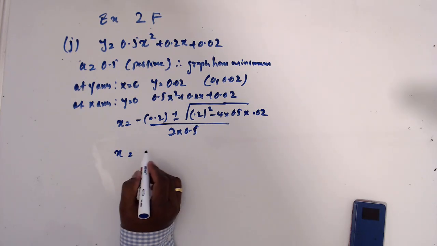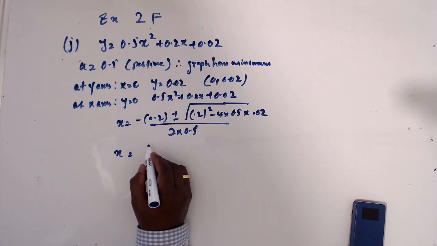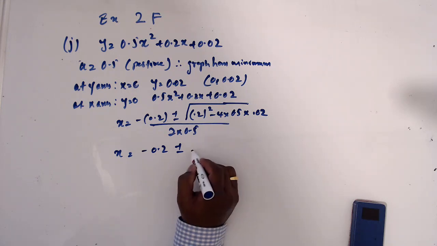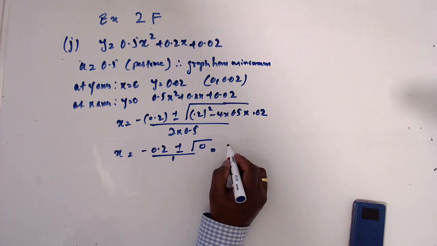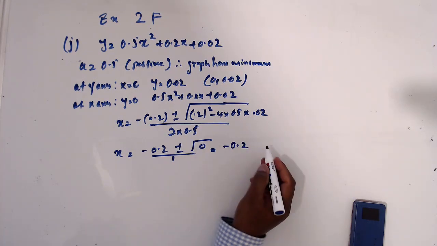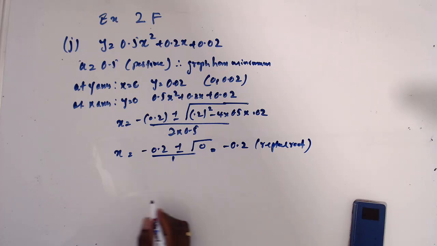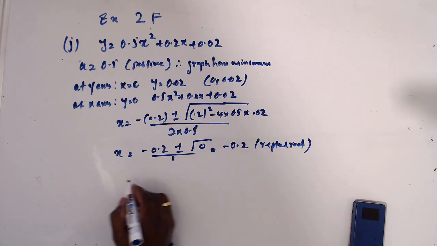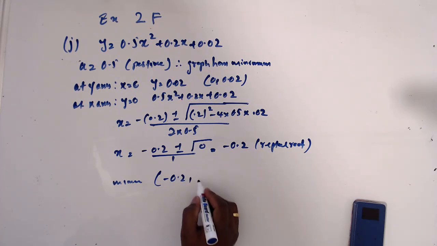So you have x equals, let me calculate. This is a repeated root. Since this is a repeated root, the minimum is at 0.2.